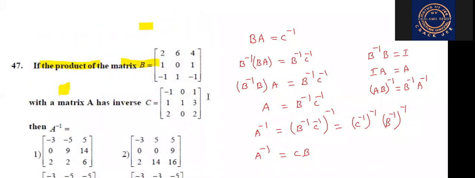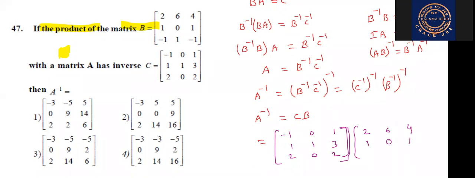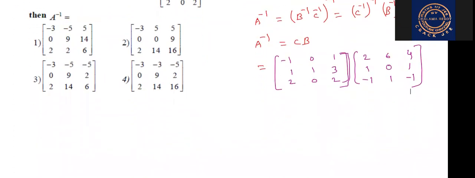Okay, students. Now, what is the C matrix? C is minus 1, 0, 1; 1, 1, 3; 2, 0, 2, into the B matrix: 2, 6, 4; 1, 0, 1; minus 1, 1, minus 1. Now do the product, you will get the answer.